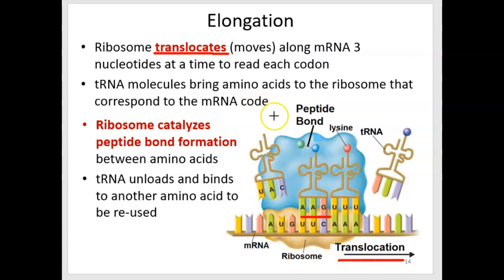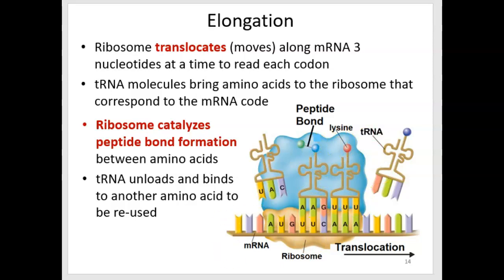So for example, this is lysine right here. And we already talked about lysine. But the one for methionine won't fit here. The one for phenylalanine won't fit here. No other transfer RNA with a different amino acid will work there. And that's what the ribosome does.